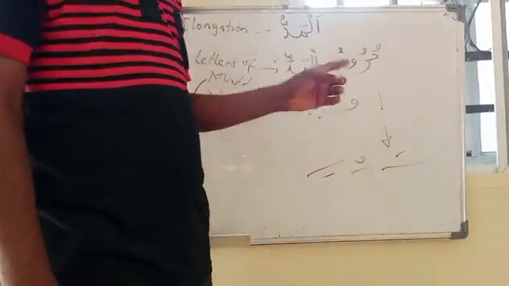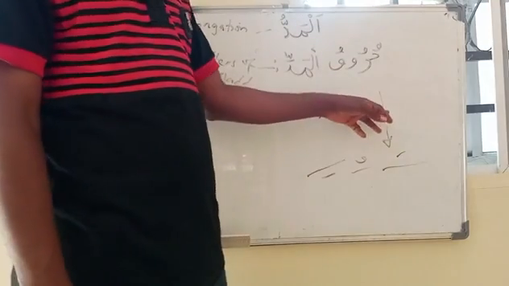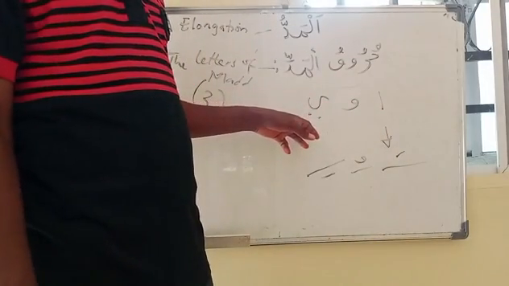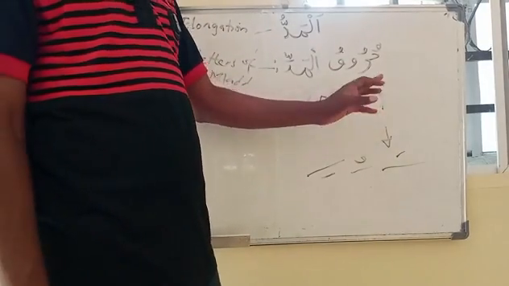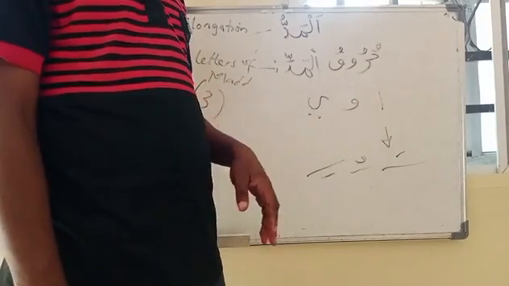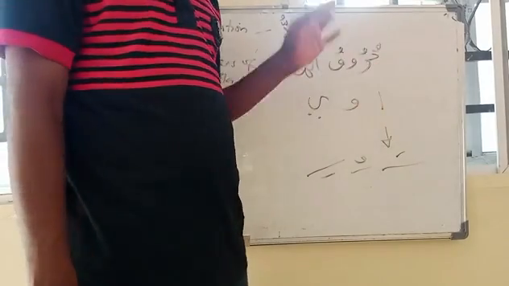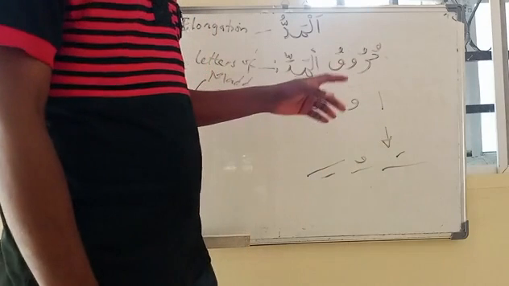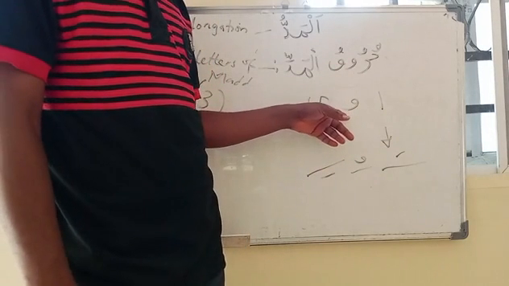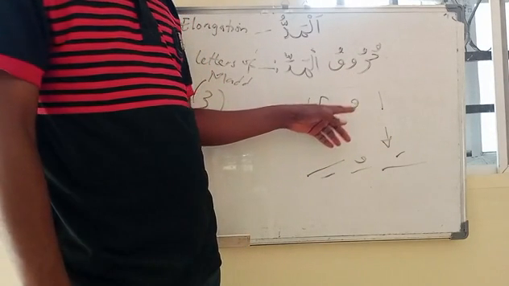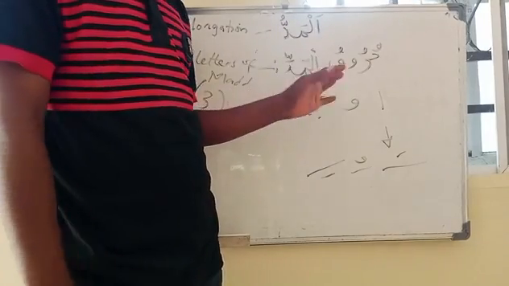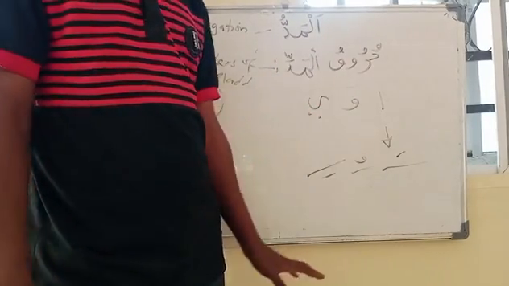But in the case of a mother, it is not necessary. Whenever an alif is used as a mother, it doesn't go with any haraka, and even the sukun doesn't have to be written on it. Similarly, waw and ya when used as madda.